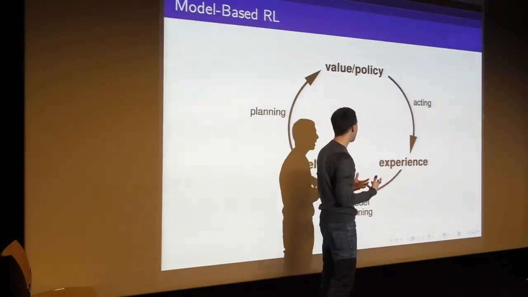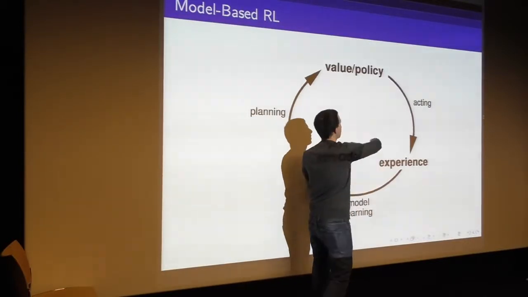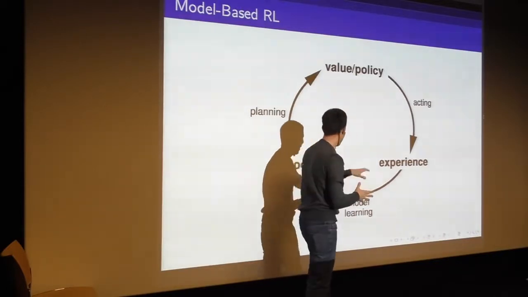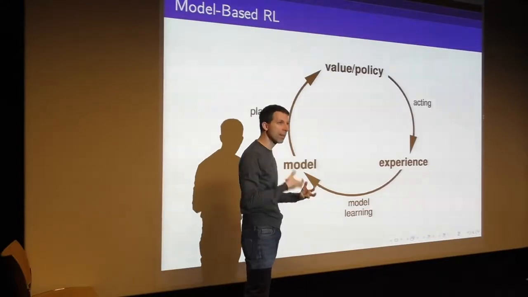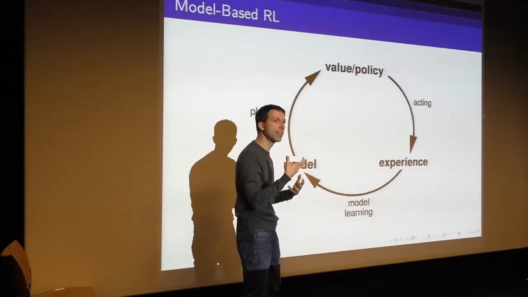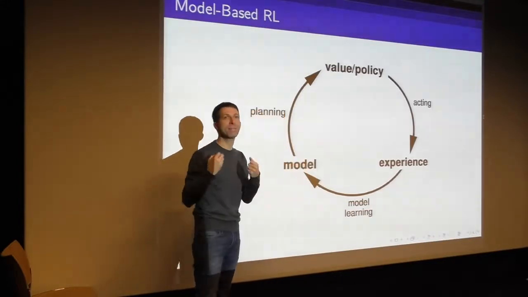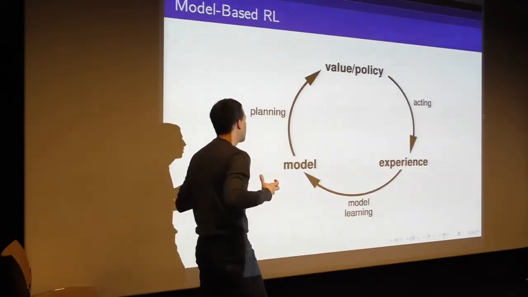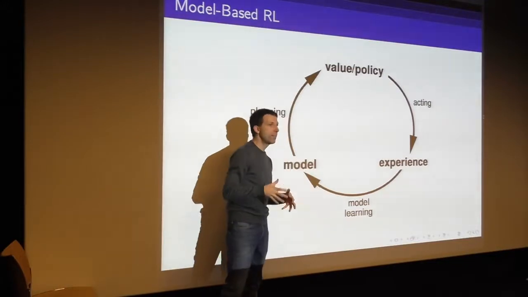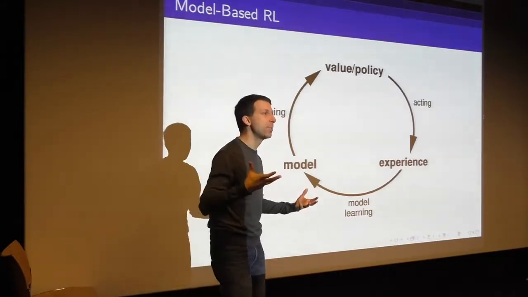So the main idea now is we've interjected, instead of just looping around here, we've added in this model step, where we're using our experience to build a model, and we're using the model to plan and figure out what to do next. And now as a result of that planning, we can make better actions in the world. We can start to really squeeze more out of our model to solve our model MDP, if you like.